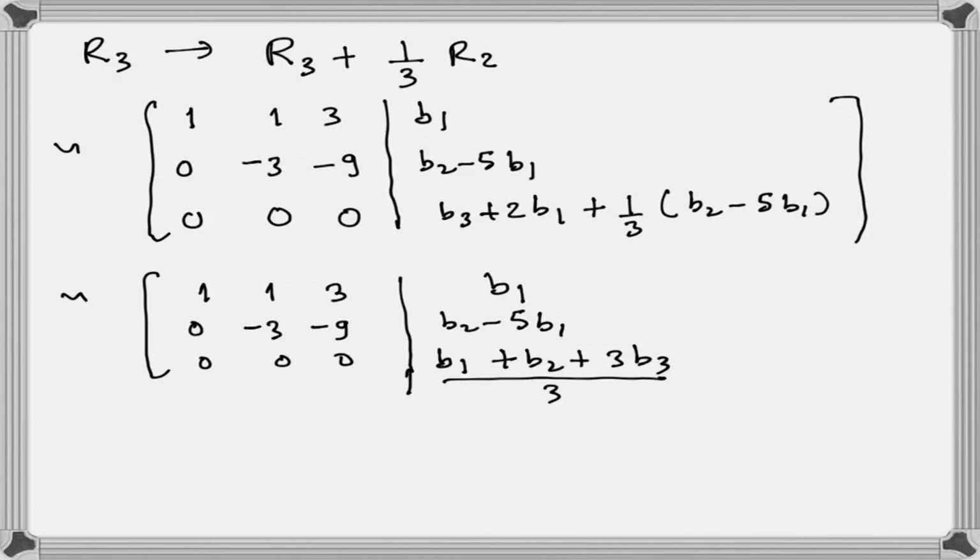So this is the reduced system we get. Okay, so this system will have a solution only if b1 plus b2 plus 3b3 is equal to 0.